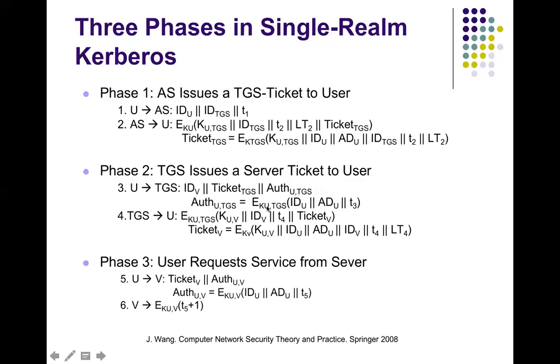And this is now encrypted. This encryption actually serves two purposes. Nobody sees this, and also this is authentication. So this is encrypted using key K sub U comma TGS.